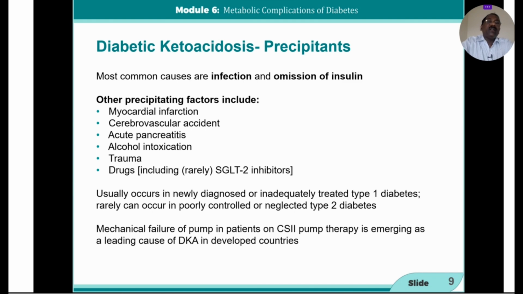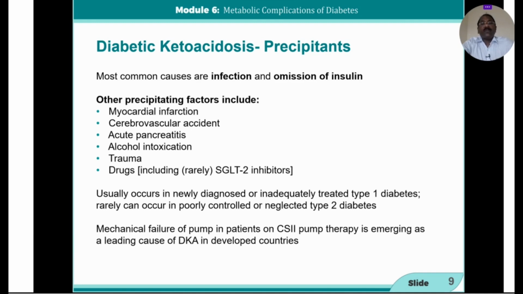Whereas in type 1 diabetes, there is no insulin at all. So that is the reason to get DKA in type 1 diabetes. So you should be very, very careful to tell the patient that they should not omit the insulin, 1 dose or 2 doses or 3 doses. Otherwise, they will land up with DKA.